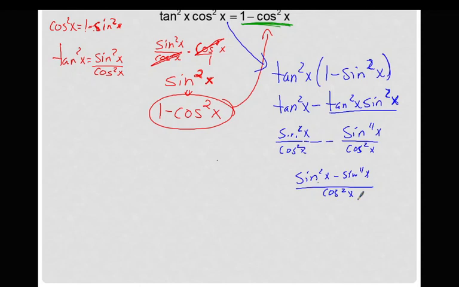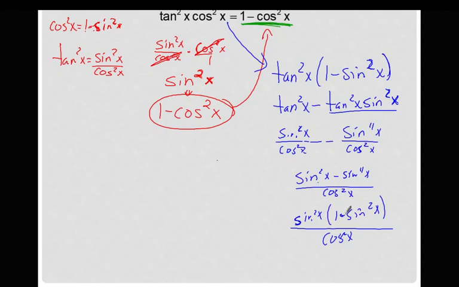And you would have gone around and around, but eventually what you would have gotten to would be sine squared x times 1 minus sine squared x over cosine squared x.